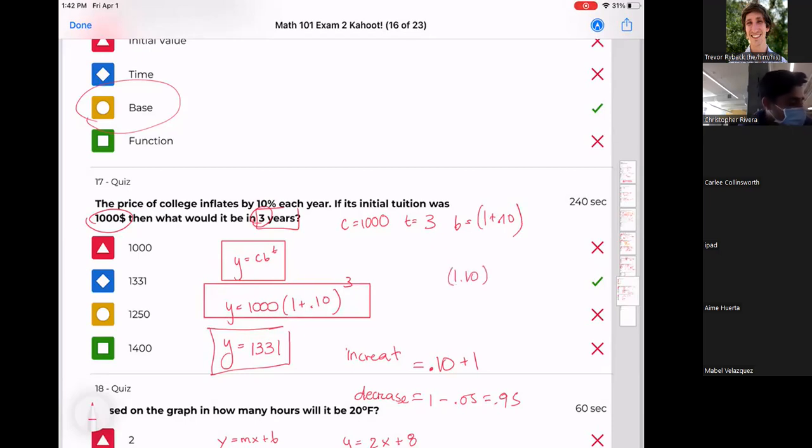Since it's to the power of 3, we multiply that 3 times: 1.10 times 1.10 times 1.10, which gives us 1.331. Then we multiply that by 1,000, which gives us 1,331.